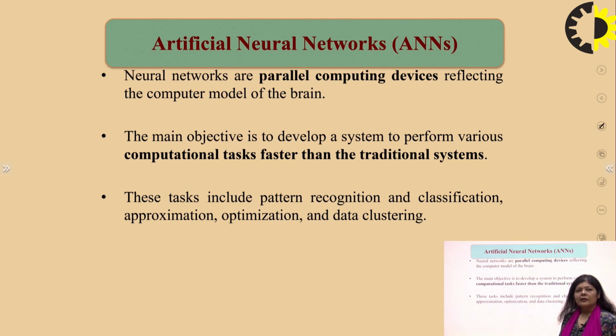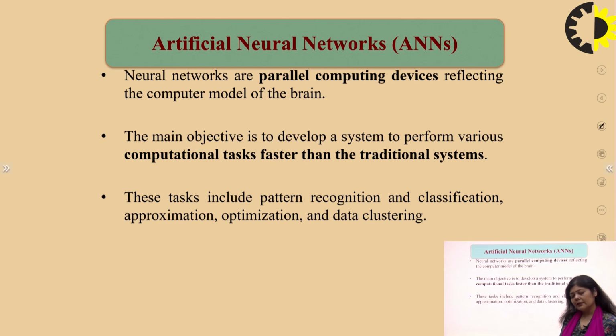So the computational tasks that need to be solved by neural networks are, for example, the pattern recognition task. Then there are classification and approximation, optimization, and data clustering. So these are some application areas where neural networks can be utilized to solve different types of problems.